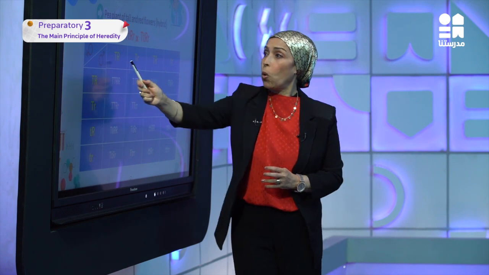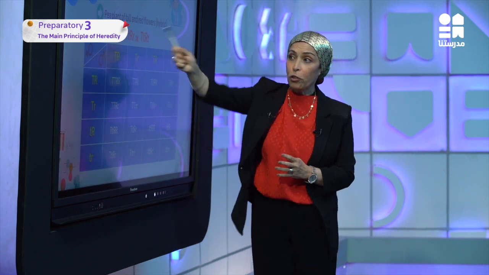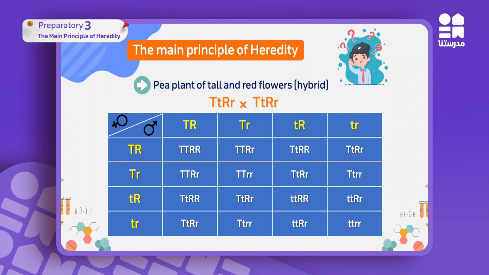He made all the first row for the first parent, and took the second parent and made it like this. In its gametes, he took T capital with R capital, T capital with R small, T small with R capital, and finally T small with R small.